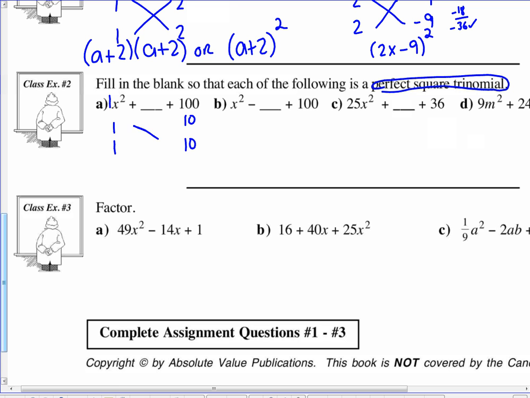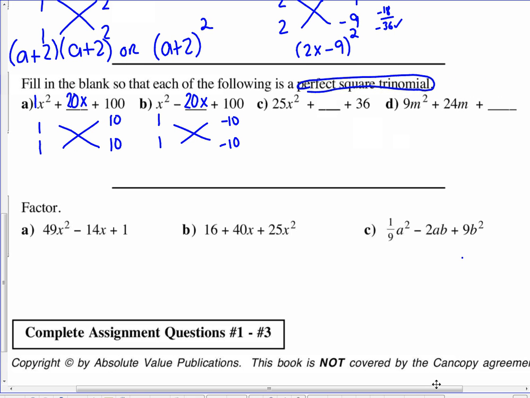So what would be the middle term then? 1 times 10 plus 1 times 10 is 20x. Good. You could have also had, because they didn't tell us the sign, this one was plus, this one's minus. What would it be here? The 10s would both be negative, so the middle term would be negative 20x.